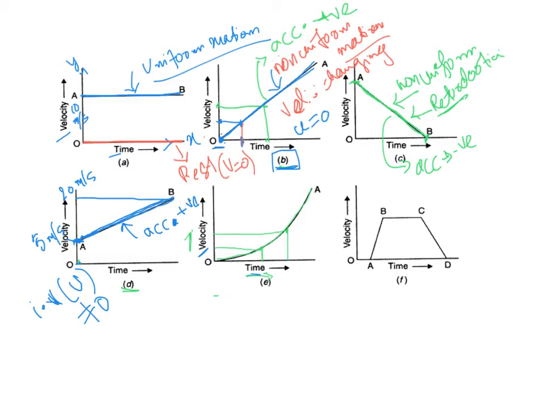This means I am having a non-uniform acceleration. My velocity is changing, but not at the same pace. Sometimes my velocity is changing less, sometimes more. That means it is an accelerated motion, but even the acceleration is non-uniform.